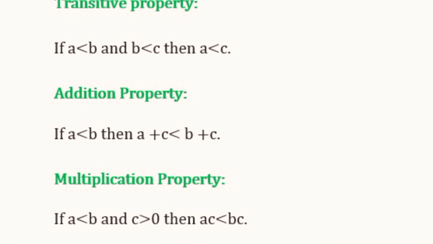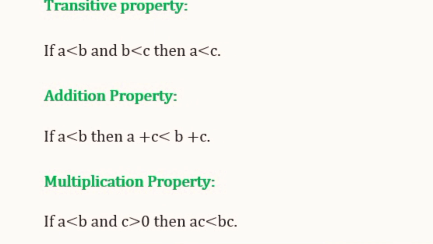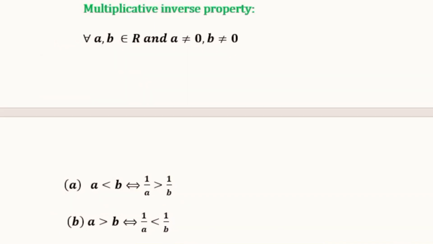If we multiply any negative number, the order will change. Last property, multiplicative inverse property. If we have two real numbers and both are non-zero real numbers, then a is less than b implies 1 over a greater than 1 over b.